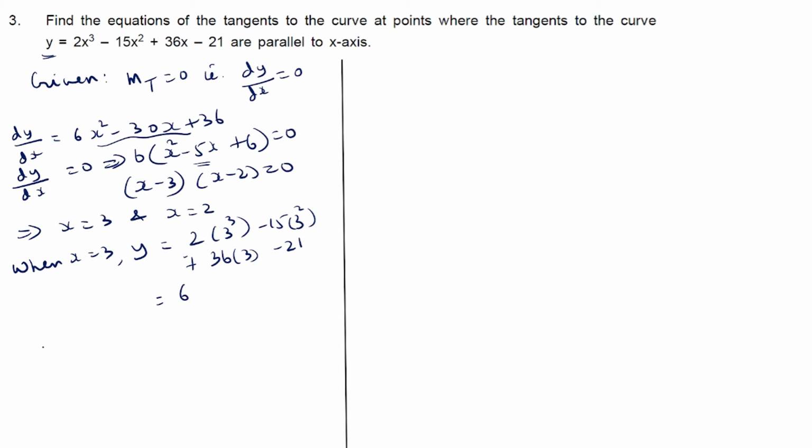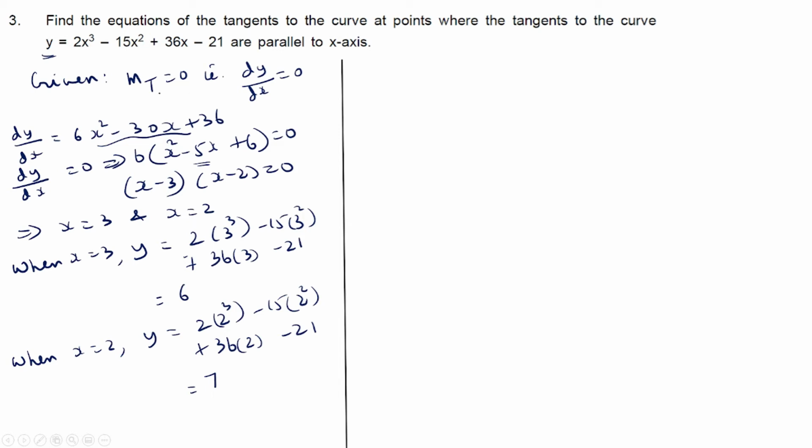And then the next point: when x is equal to 2, y is equal to 2 into 2 cube minus 15 into 2 square plus 36 into 2 minus 21. When we simplify, we get this is equal to 7. So the 2 points are (3, 6) and (2, 7), and the slope of the tangent is equal to 0.